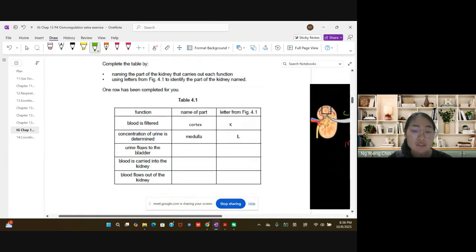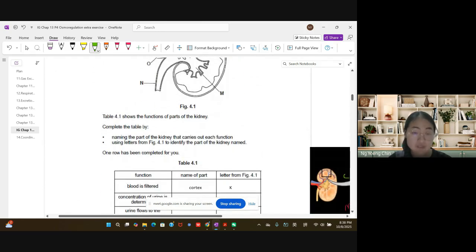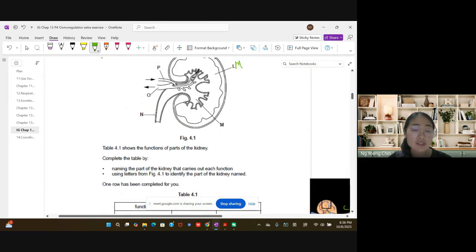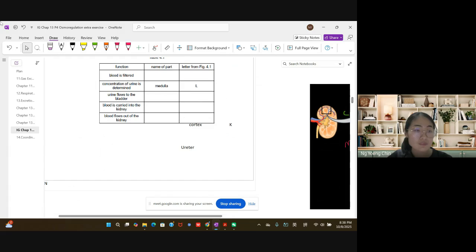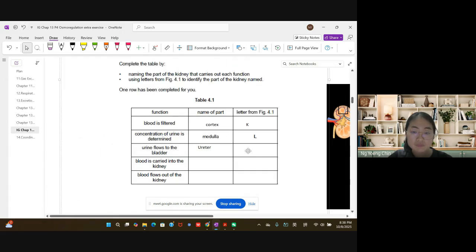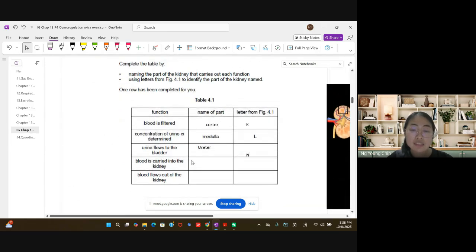Then how about when the urine flows to the bladder? This is very simple, it's N, which is the ureter. And then the blood is carried into the kidney by the renal artery.